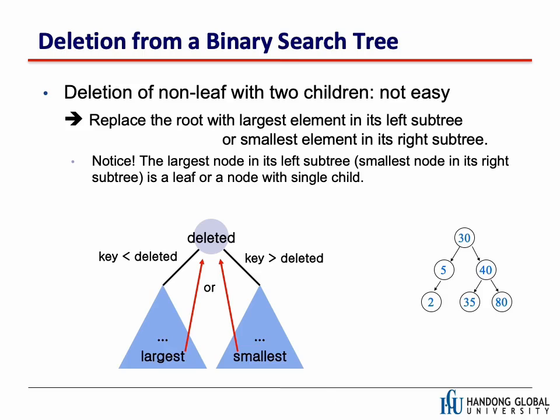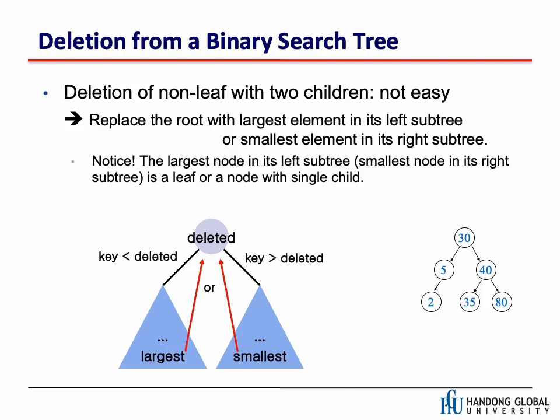Or if we move the smallest node in the right subtree, then after deleting 30, 35 will go to the root node. Then we change the problem into another problem, saying now we want to delete 35, because we just moved the 35 to the root node and we have to handle this empty node. You know what I'm saying?